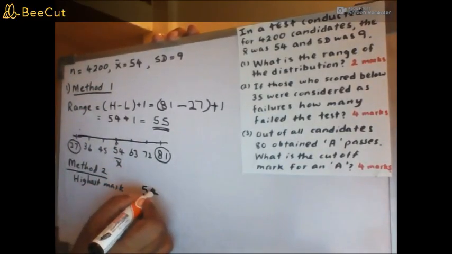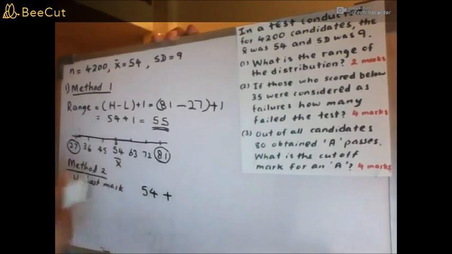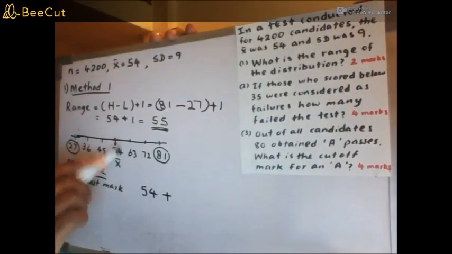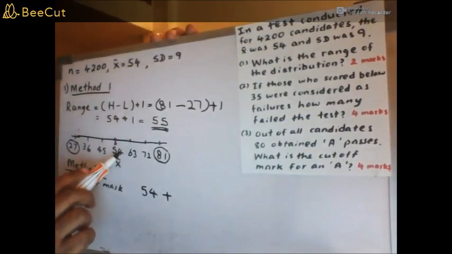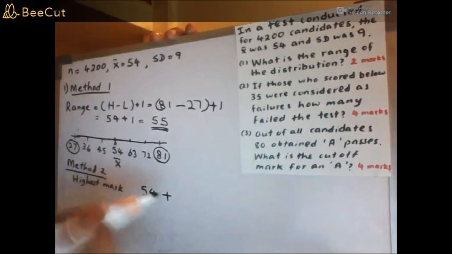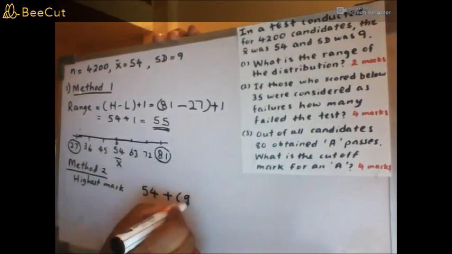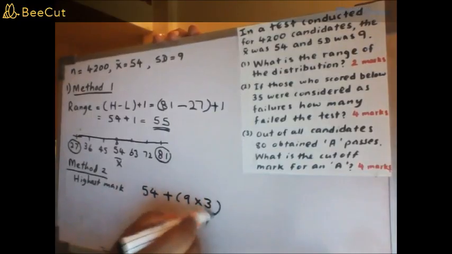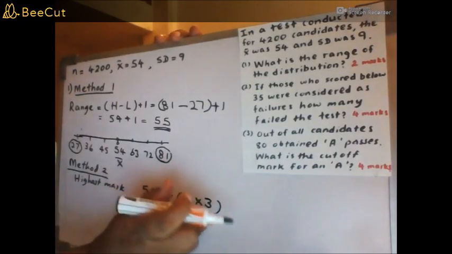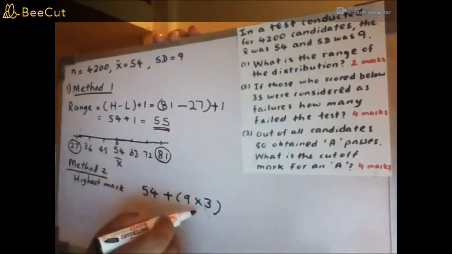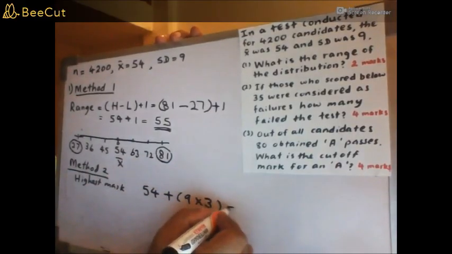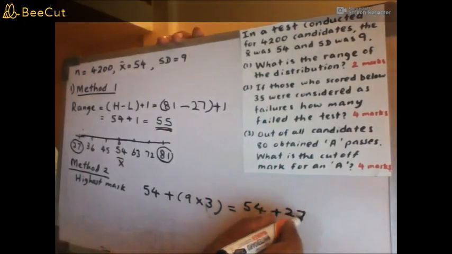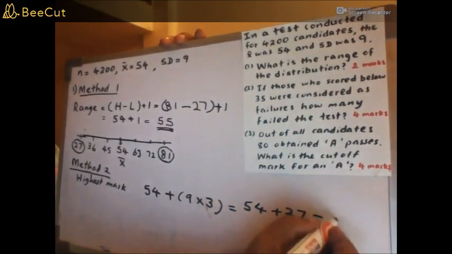Then 54 plus 3 times 9, the standard deviation is 9, 9 into 3. That's the highest mark. So 54 plus 27, that is 81.